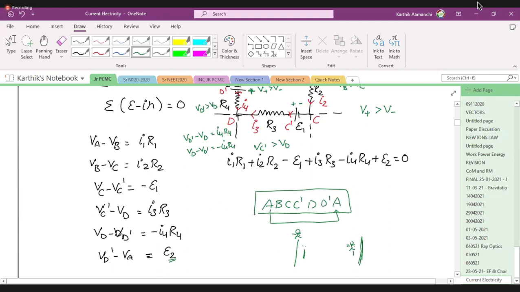Performance of work on the system is negative. Here, no work is done. This guy can just fall. So that's why it is positive. So, when a charge wants to go from negative to positive, since positive terminal potential is greater than negative terminal, extra work has to be done, right? That's why work done on the system is what?